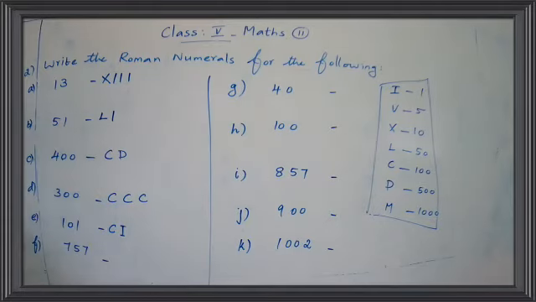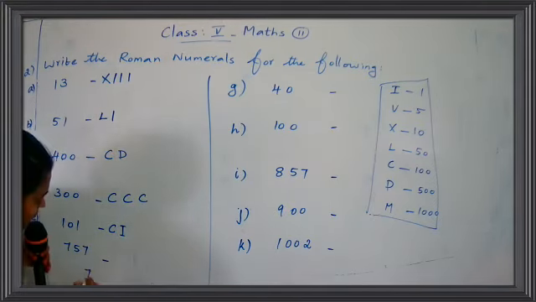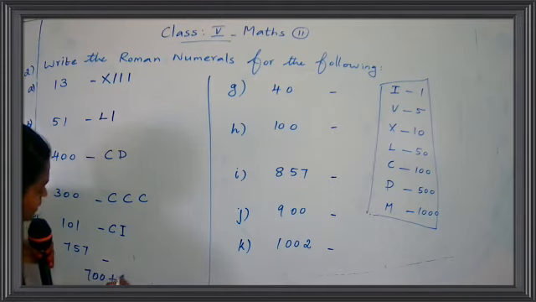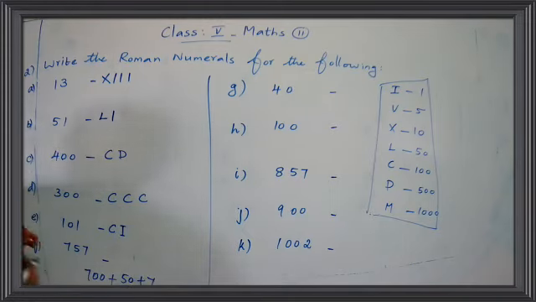Now you see that 757. How will you write 757? 757 can be written as 700 plus 50 plus 7. Expanded form. Yes? எழுதலாமா 757? 700 plus 50 plus 7.